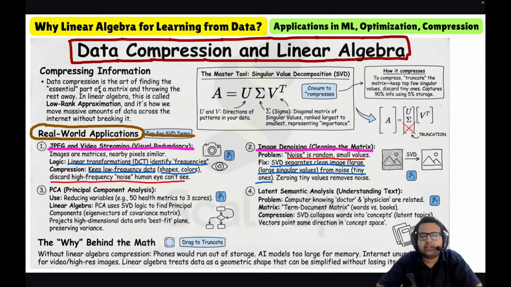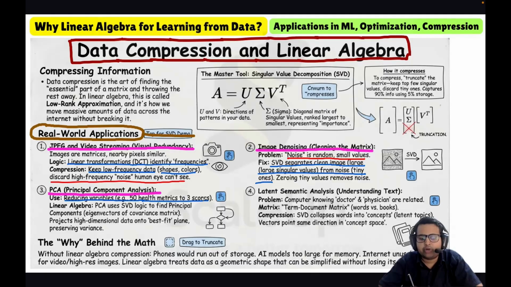Now the next real world application of data compression is principal component analysis, PCA. Reducing the number of variables in a data set, like reducing from 50 health metrics to 3 health scores, is what principal component analysis is.